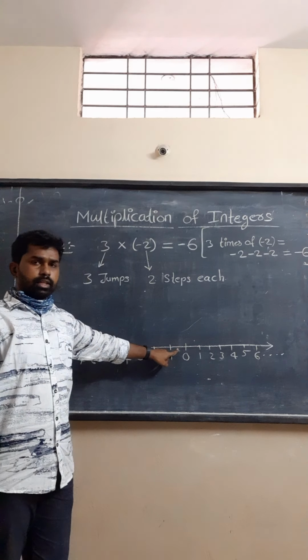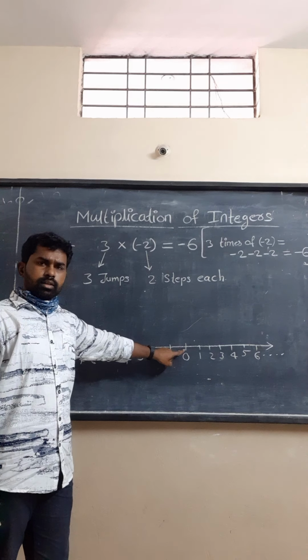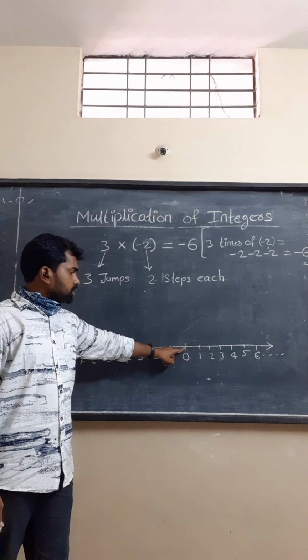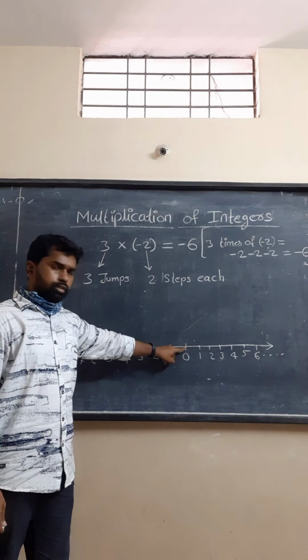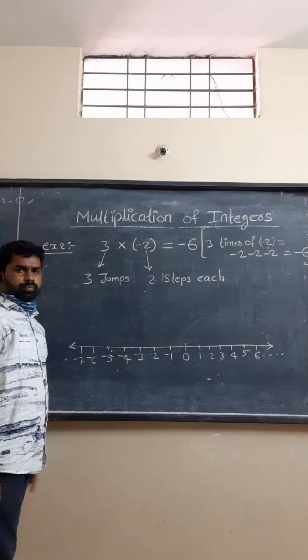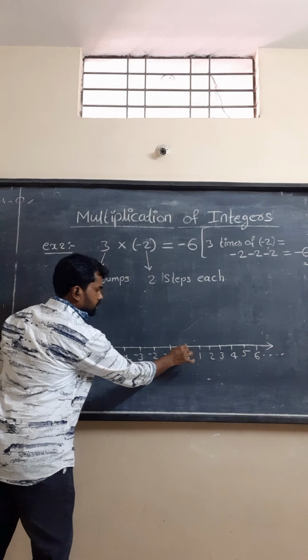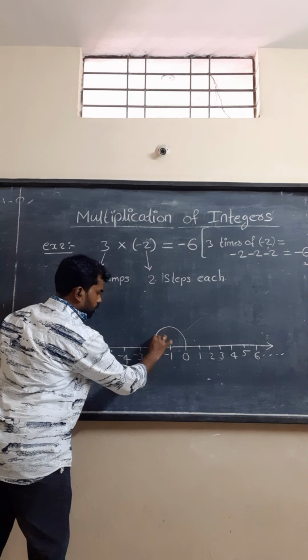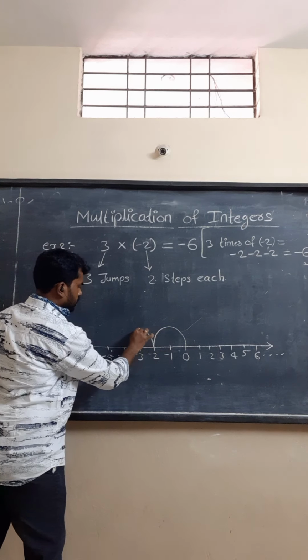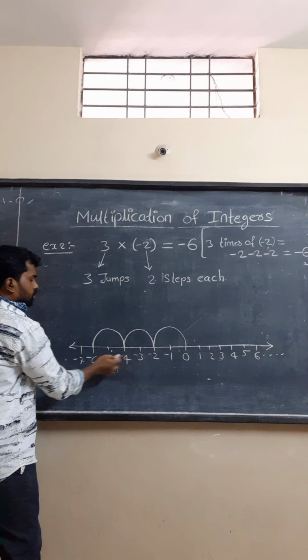In case of multiplication, we have to start the curve from 0. From 0, we need to take 3 jumps, and each jump we need to take 2 steps. 2 steps is nothing but 2 tables. From 0, first we go to 2, then 4, then 6. 2, 4, 6, 2 tables.